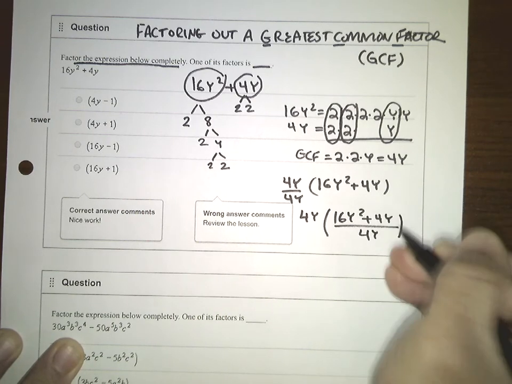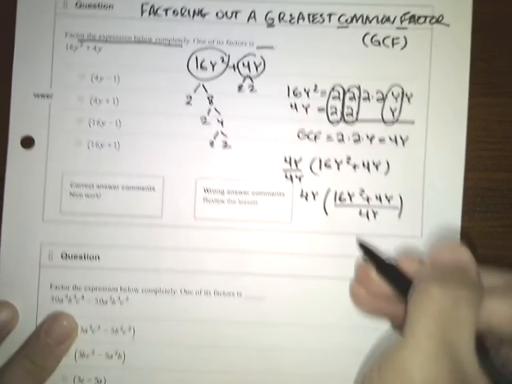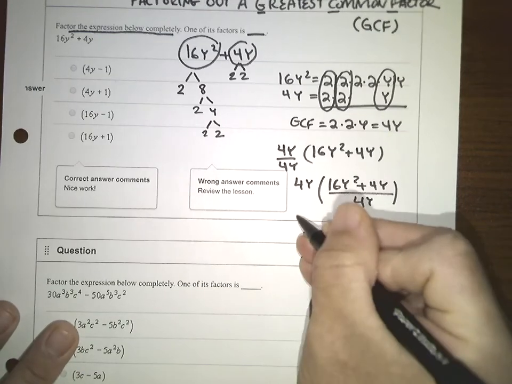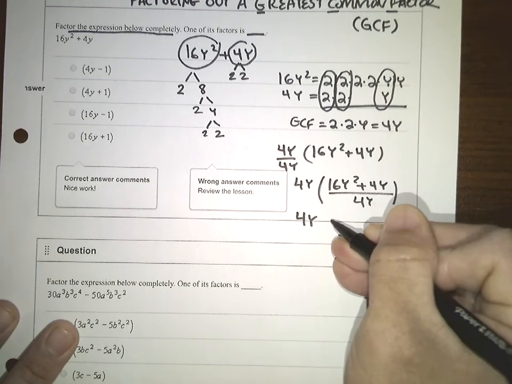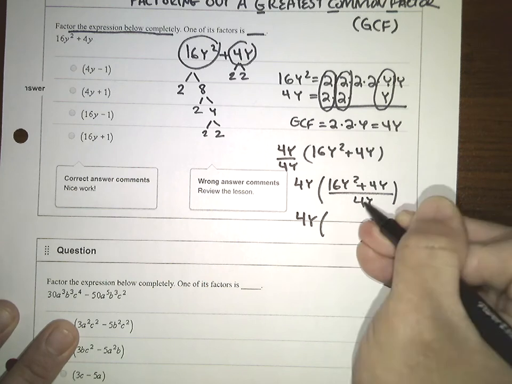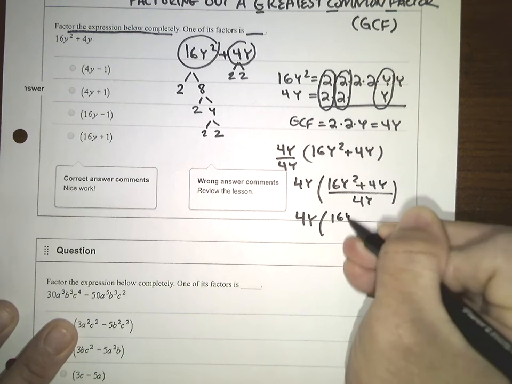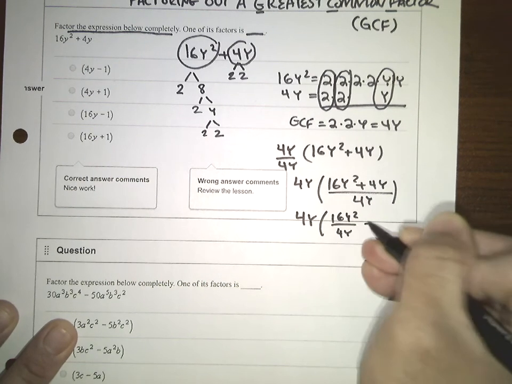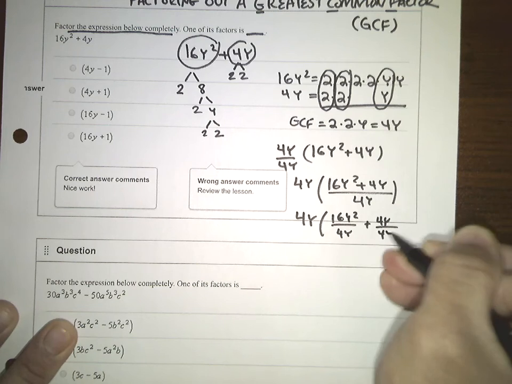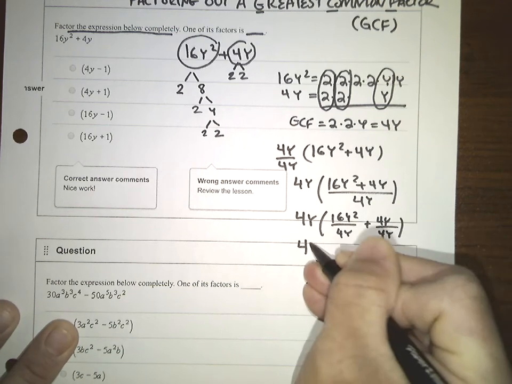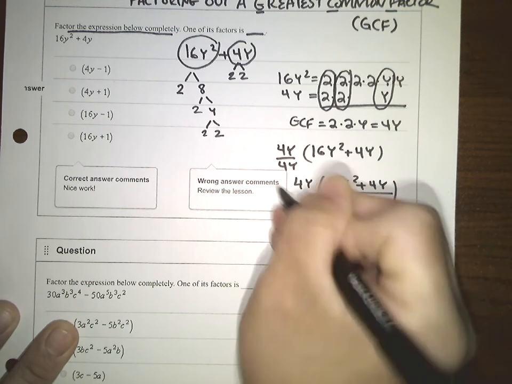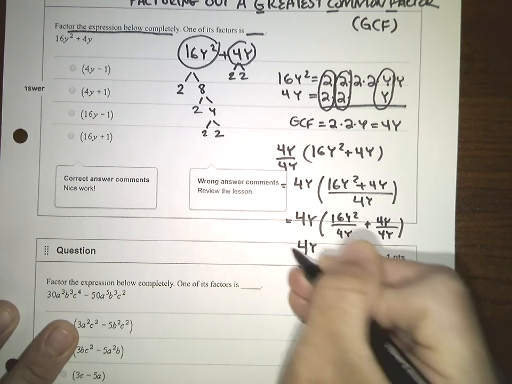So that's still the same thing, because 4y over 4y is 1. Another way I can write this is 4y times 16y squared over 4y plus 4y over 4y. These are all equal to each other.